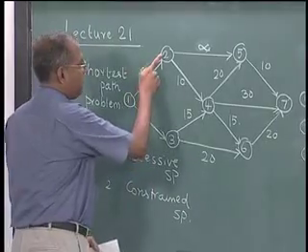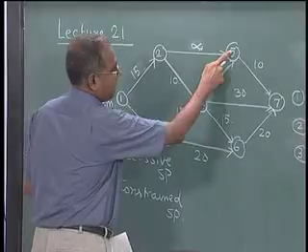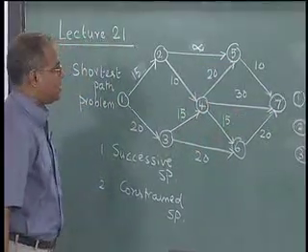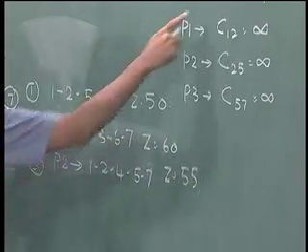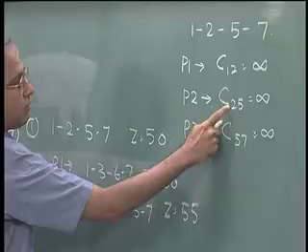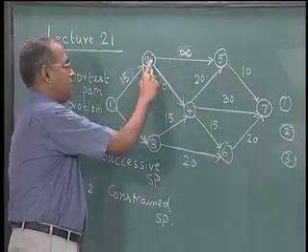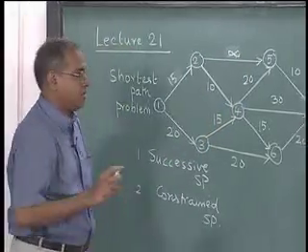So, 1 to 2, 2 to 4, 4 to 5 and 5 to 7 with z equal to 55. You observe that in this problem P2 we have forced the value C25 to infinity, and therefore, the arc 2 5 does not lie in the solution.